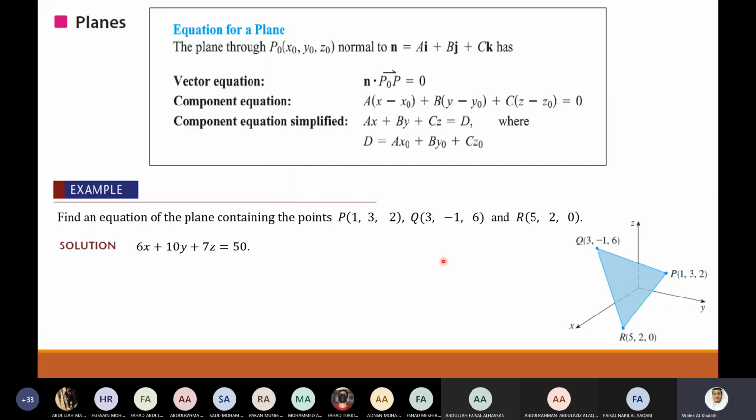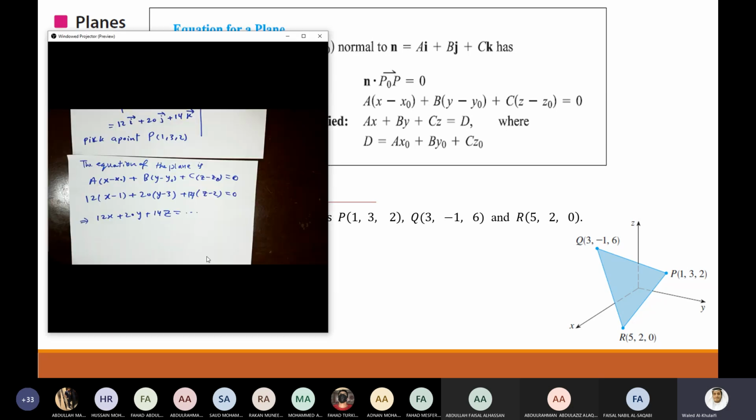I wrote the final answer here. Actually, you need to divide by 2.